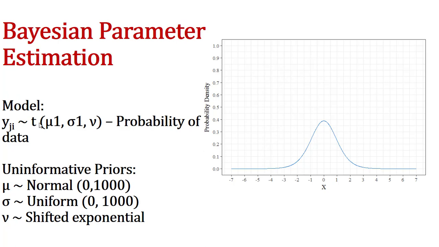Well, it uses this statistical model in which the values of happiness, y here, follow a t distribution, and that t distribution has a location parameter, mu, one for each group, one dispersion parameter, sigma, one per group, and this is the Greek letter nu. I'm not going to explain this because it becomes very technical, but basically it's the same idea as a normal distribution with some small differences.